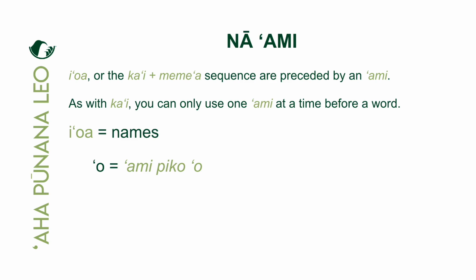You can refer to it as a pink highlighter, whatever helps you. But this is the function that it plays. It's going to play the same kind of function that we're going to see with the i and the ma coming up. And so this is an example of us seeing an ʻami in front of ʻoa already, even though we haven't talked about it.